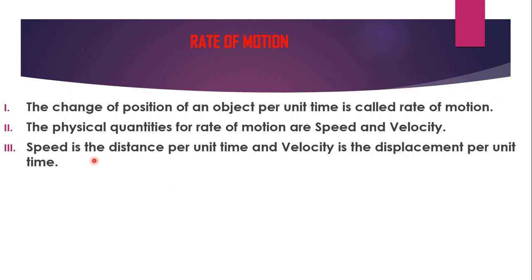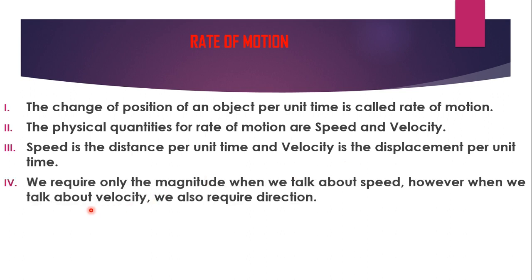When we calculate a rate of motion with respect to distance per unit time, that rate of motion is speed, and when we calculate the rate of motion with respect to displacement per unit time, that is velocity. So we require only the magnitude when we talk about speed. However, when we talk about velocity, we also require direction.